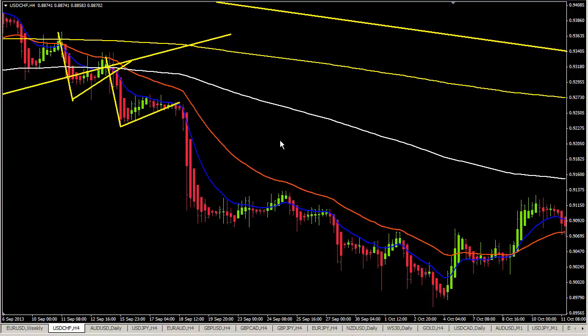Trying to find the 36 or the 12 resistance line you have in place, and that means that you have to give profits back on the retracement, but only to make more later on if the trend is strong.